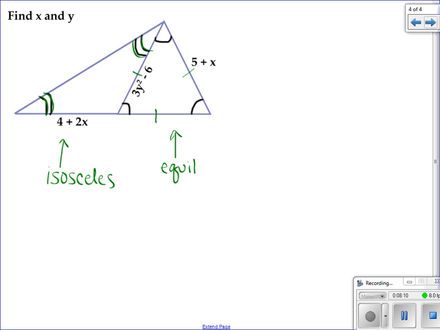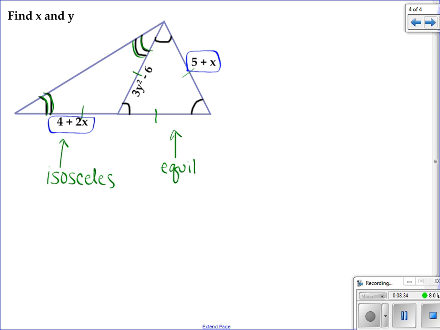Well, there are actually 4 lines on there with 1 dash on them. They're all equal to each other. So what would be the best one to start with so that we could solve for a variable? All of the sides with 1 dash on them are equal. So these would have to be equal to each other because they both have a green dash on them.